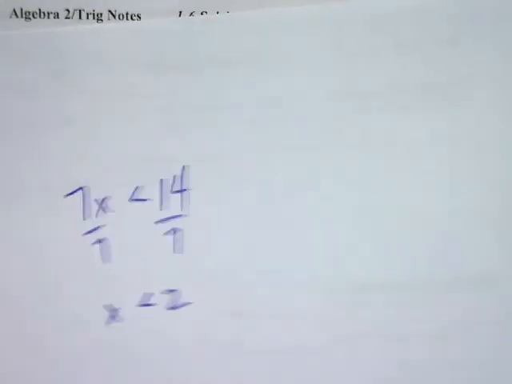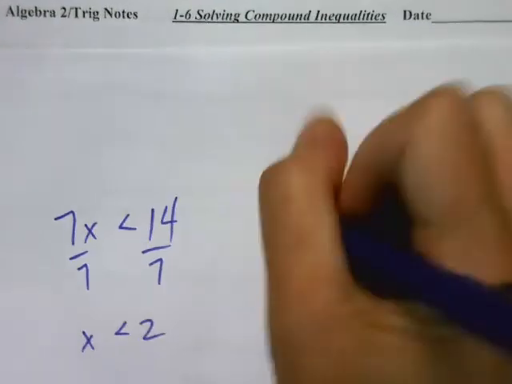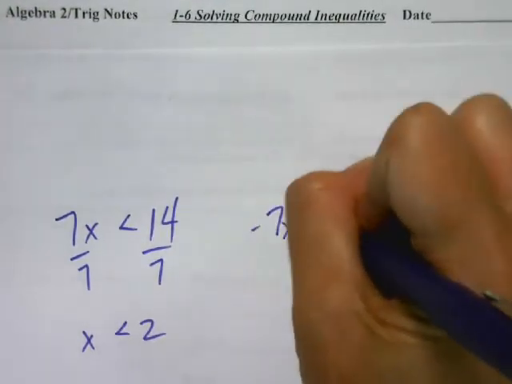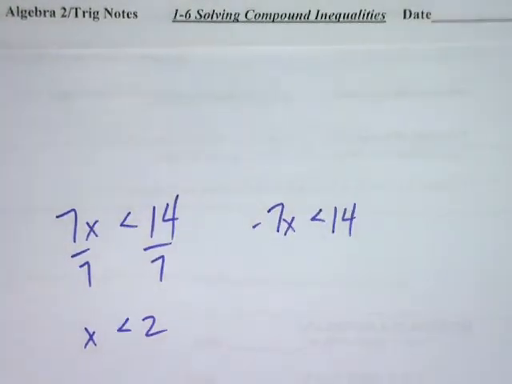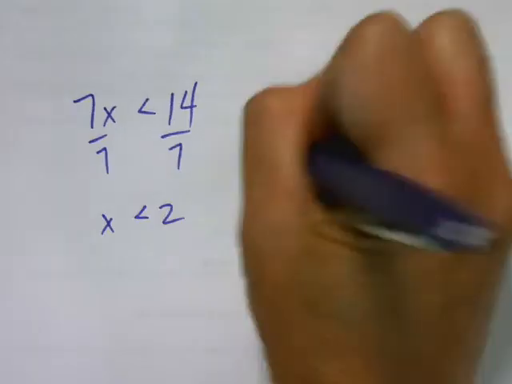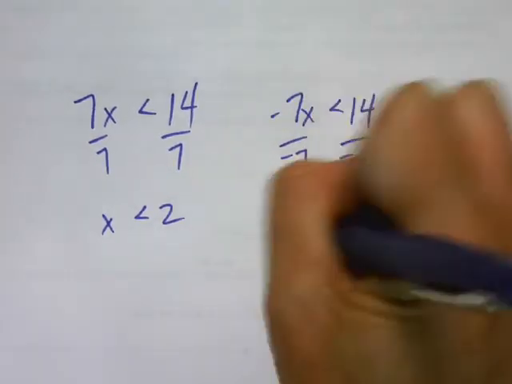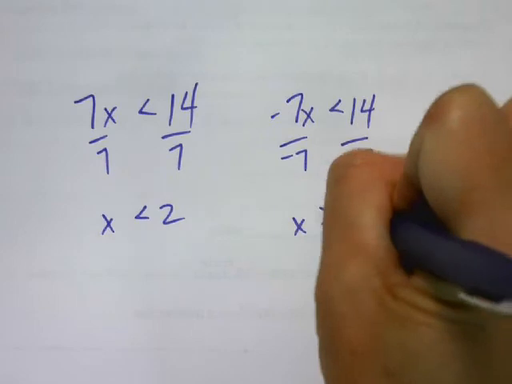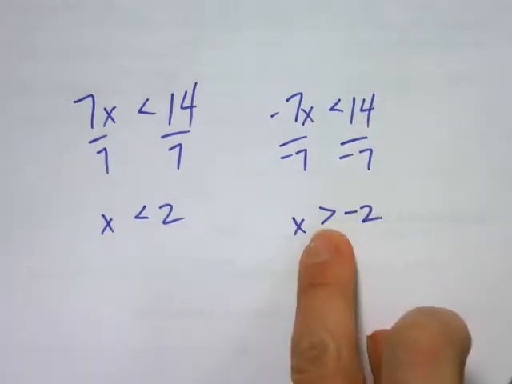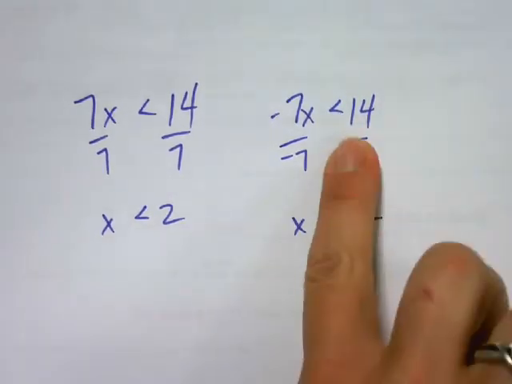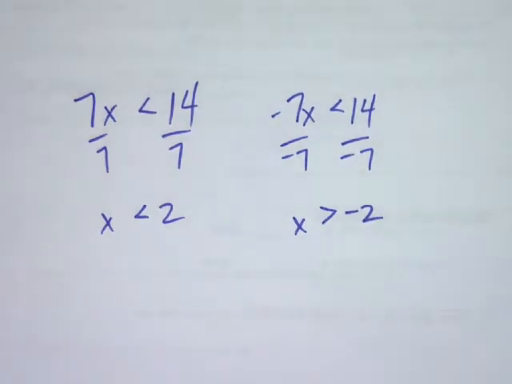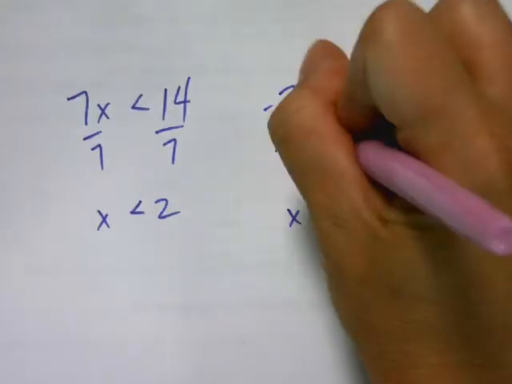Yeah, we've done that, right? The only thing that I want you to remember is if it's a negative, that guy flips. There's 1-5 in a nutshell.